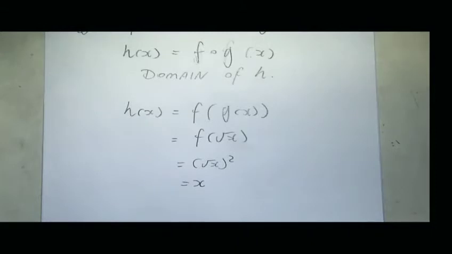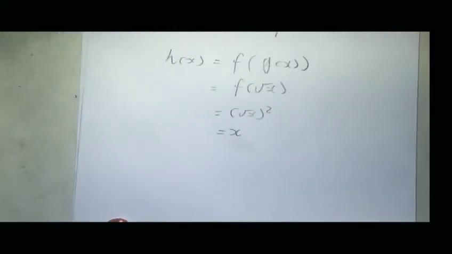Think of it like a computer. If you've told the computer that in order to calculate h, first you have to do g, and then you have to do f, and you tell it, right, find h of minus 2, it'll go, I have to do g, cool, root minus 2, error, okay? So it's not going to work, and that's how we have to think about it. We have to say, in order to do h, first g has to be defined.